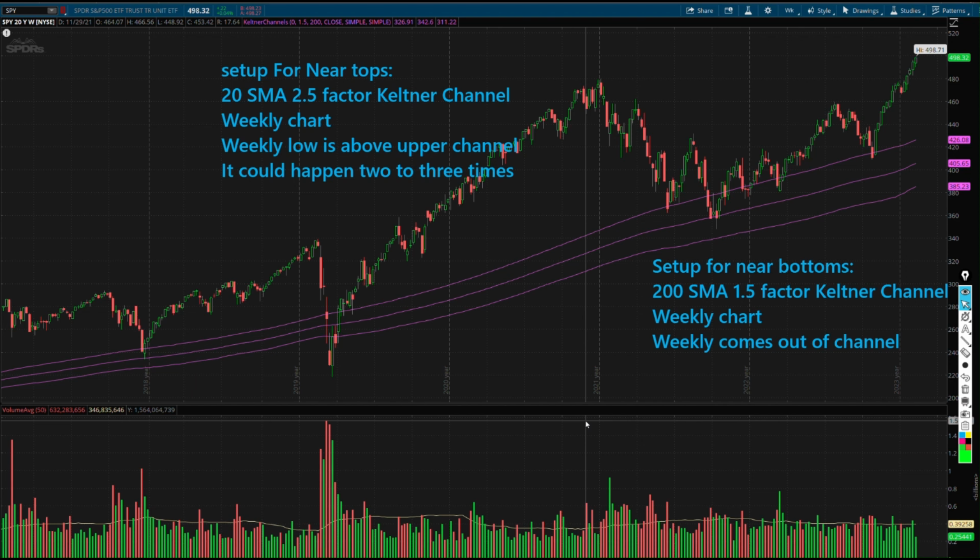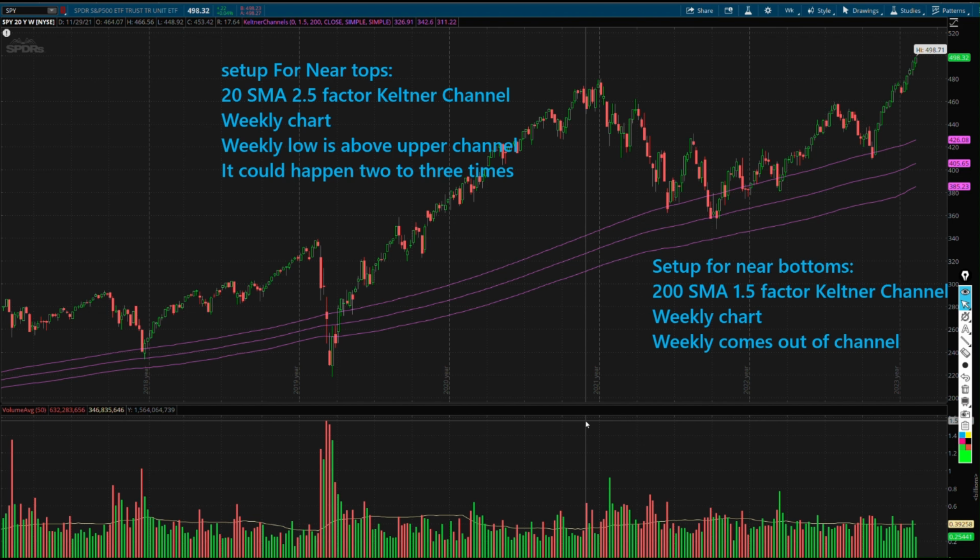This could happen twice or thrice before the correction. And to find near bottoms, use the 200 SMA 1.5 factor Keltner channel on the weekly chart.